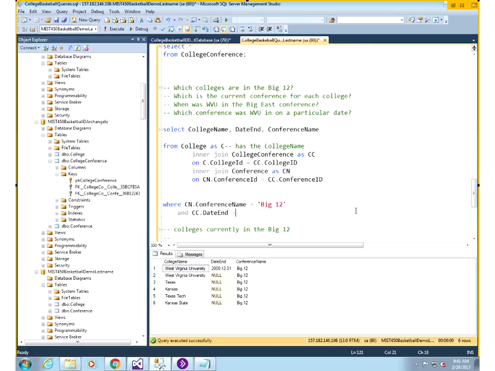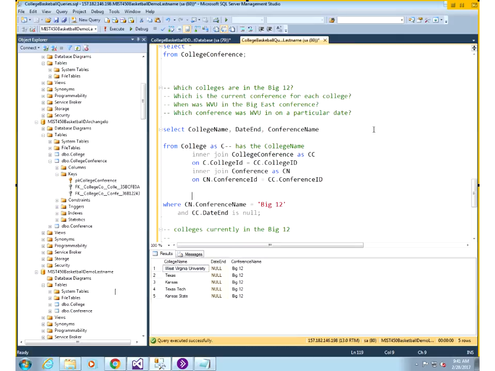Okay. You cannot use an equals here. Is. Okay. So I put this. So that tells you that these are the colleges currently in the conference. Okay.